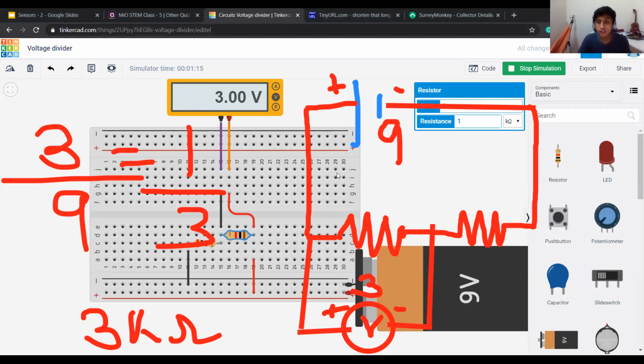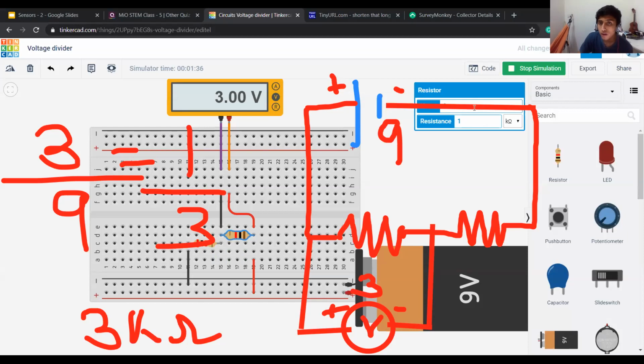Okay, so now guys, a trick question for you all. If I want the voltmeter to show, for example, 4.5 volts, what should I make the resistances? Okay, so the total should be 2 exactly. So they have to be equal, right?